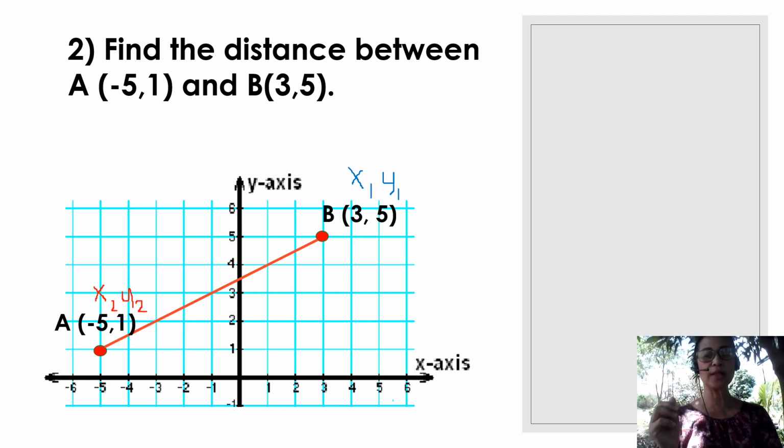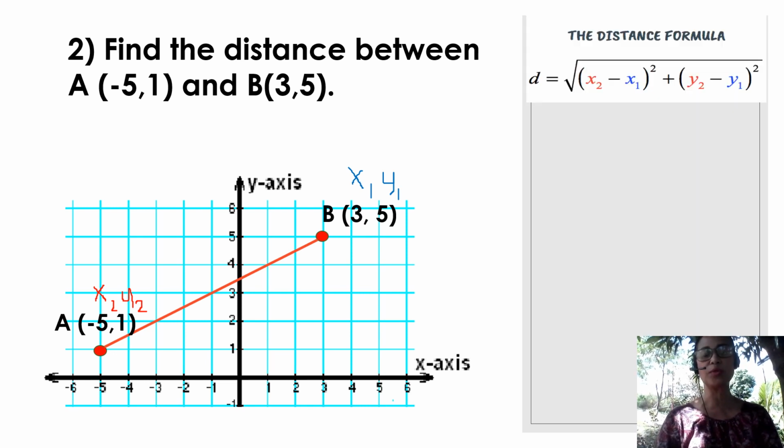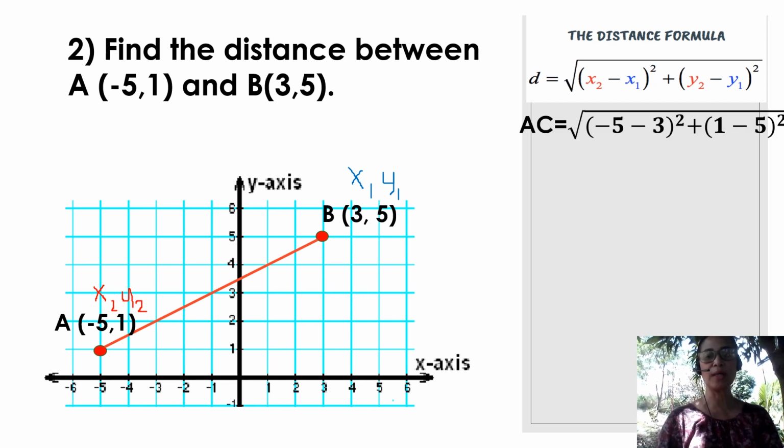So the next step is to substitute into the formula: the square root of (x sub 2 minus x sub 1) squared plus (y sub 2 minus y sub 1) squared. By substitution, this is x sub 2 minus x sub 1, squared, plus 1, this one, minus 5.